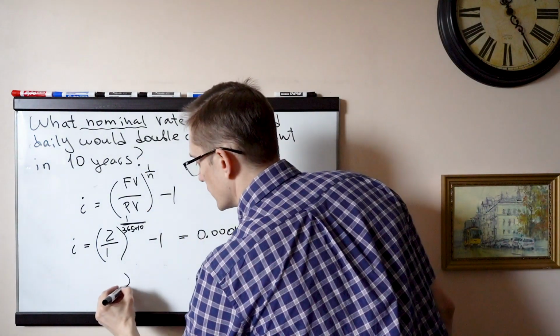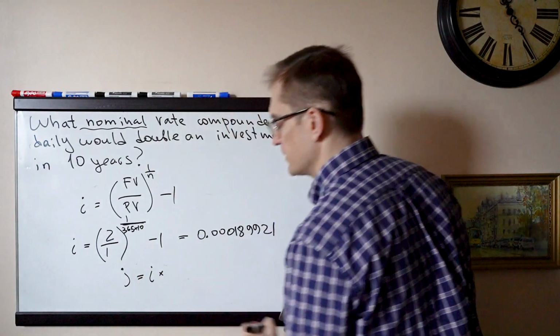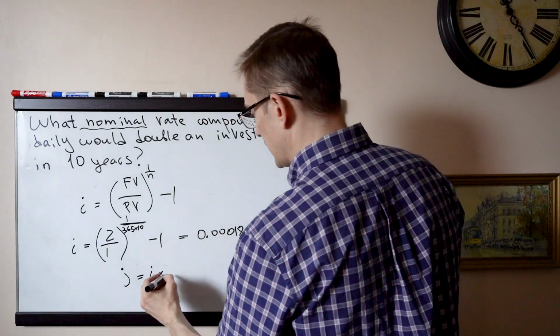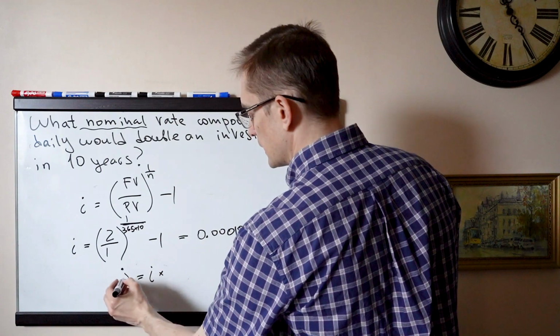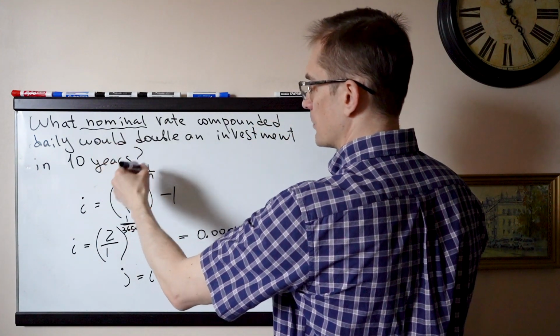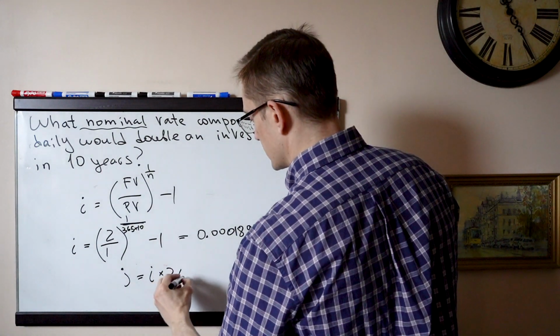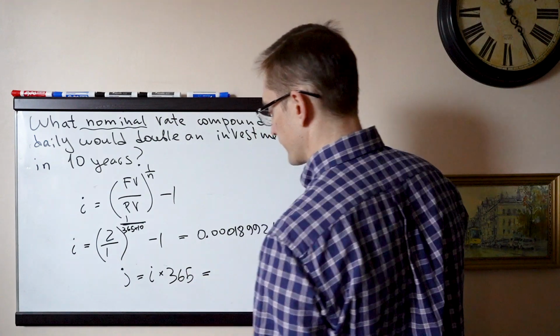I still need to find J. So how do I find J? J is I times m, the number of compounded periods per year, which is 365.